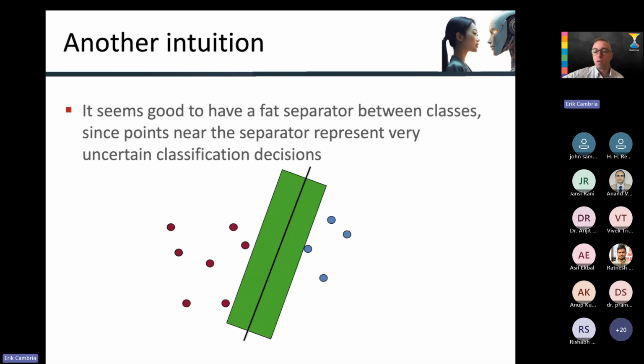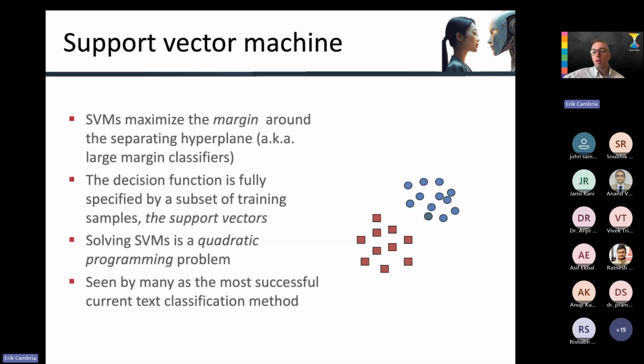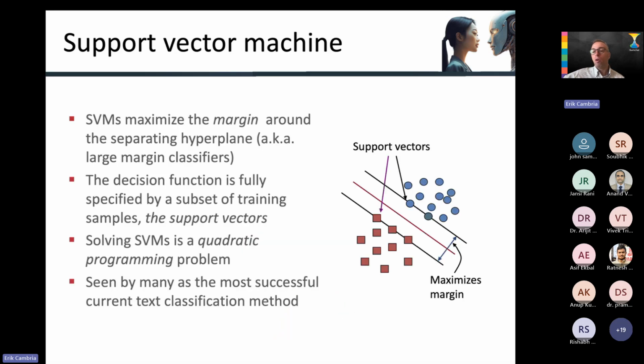Vapnik came up with this idea of finding the one with the biggest or the fattest separator between the two classes. So this, for example, is too narrow and it's not a good separator, while this is a good separator. How do I find this separator? I have to maximize the space between the two support vectors. What are the support vectors?